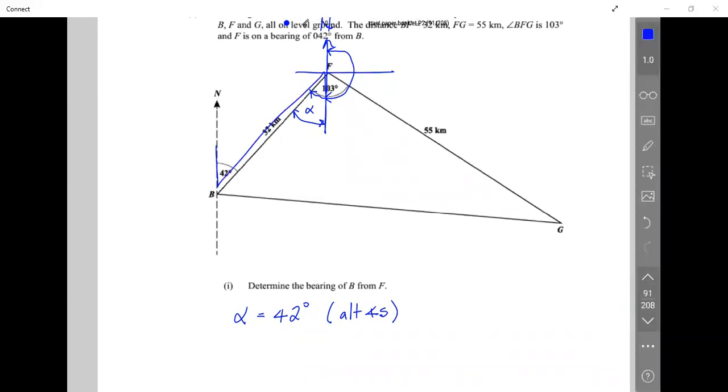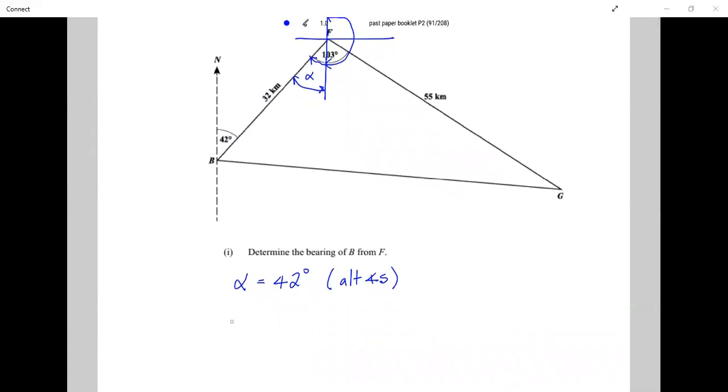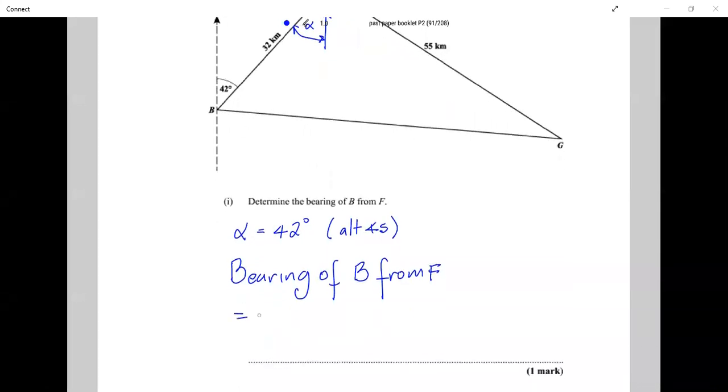Now, it means, therefore, that the bearing of B from F would be equal to 180 plus 42, which is 222 degrees.